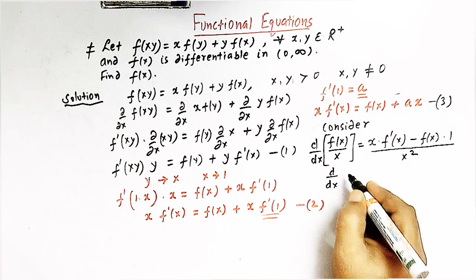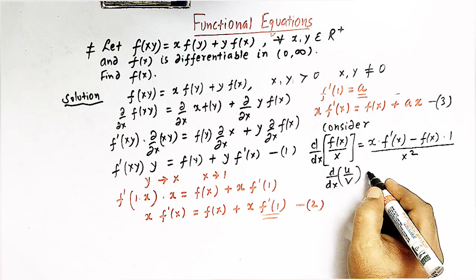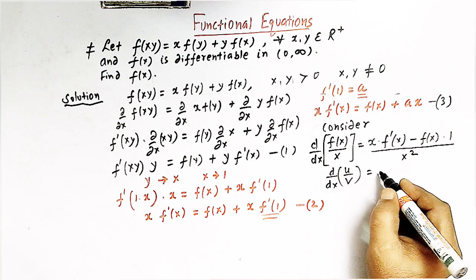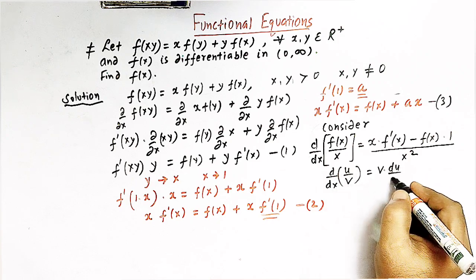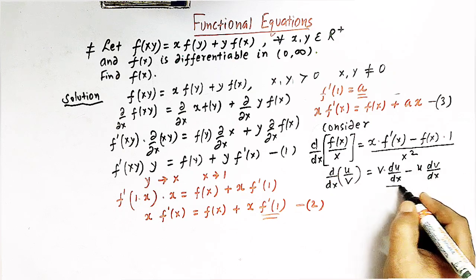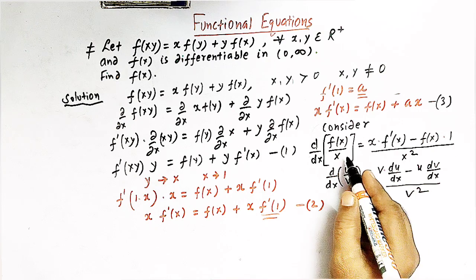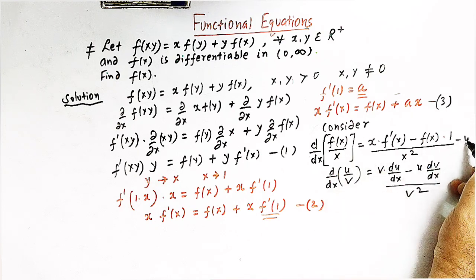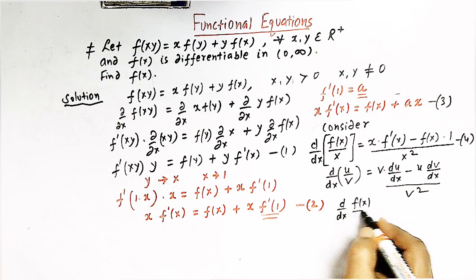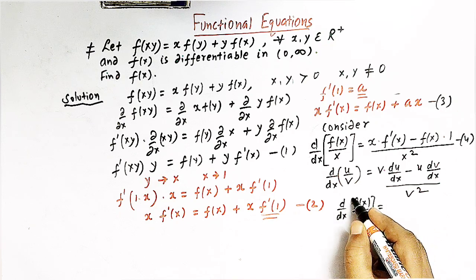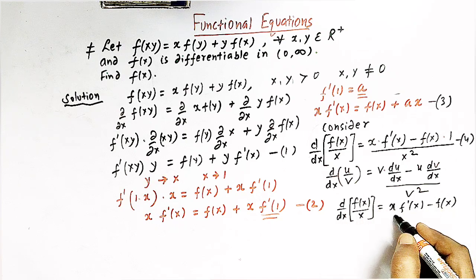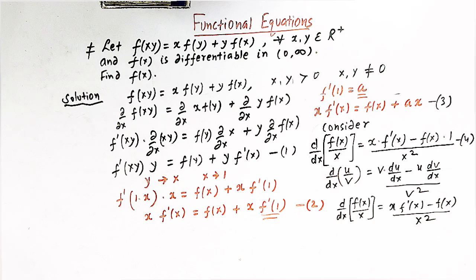We have used this result: if u and v are functions of x, then the derivative of the quotient u/v is given by (v du/dx minus u dv/dx) divided by v squared, right? So we can now write d/dx of f(x)/x is equal to (x f'(x) − f(x)) divided by x squared, right?